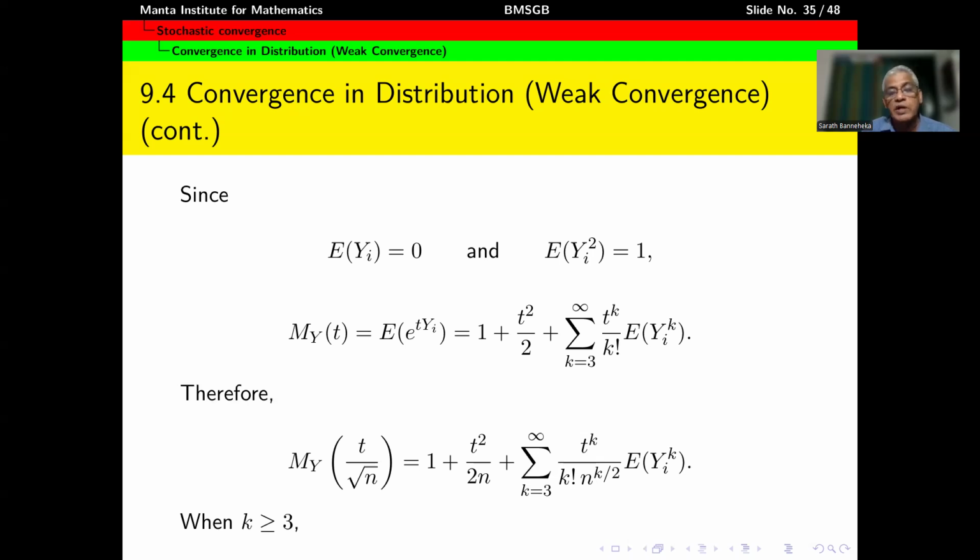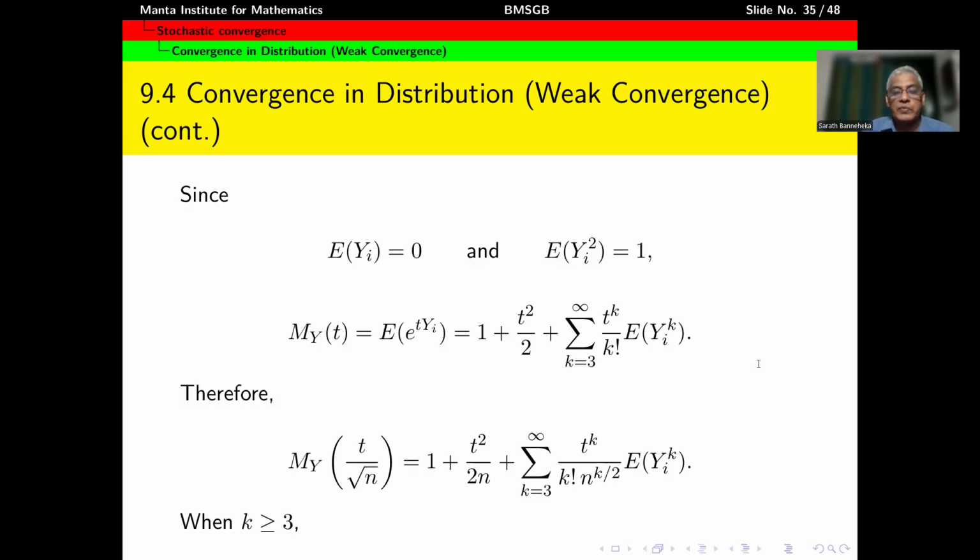So now we can look at what happens to this expression when n goes to infinity. What we are going to show is that this quantity is going to be 0 when n goes to infinity. Here we are considering terms for k greater than or equal to 3.